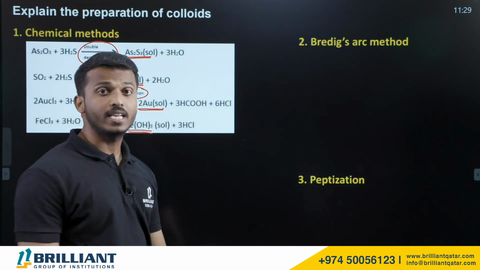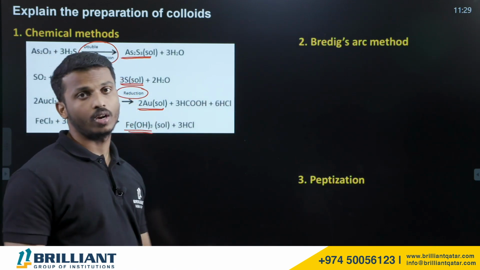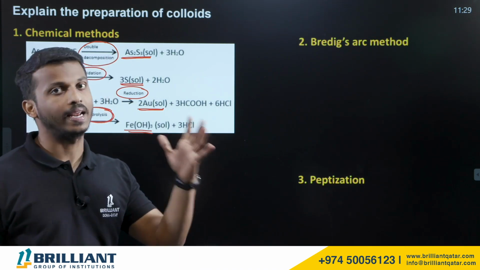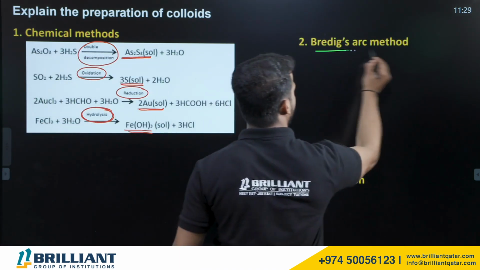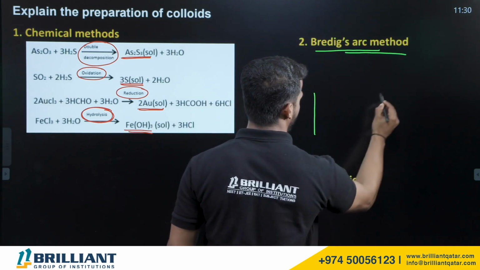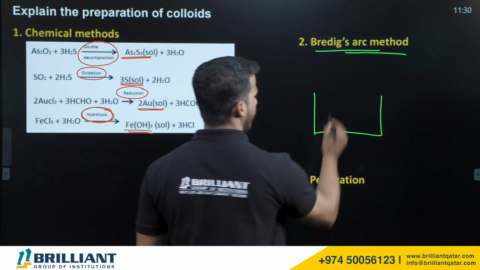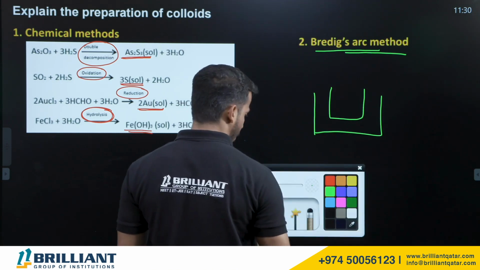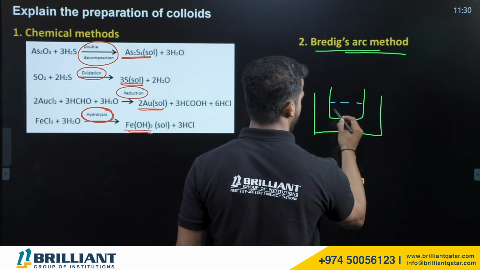Second one is called Bredig's arc method, also called the electrical disintegration method. Bredig's arc method is an easy method. We take a chamber, and inside it one more chamber, and in the chamber let me add our dispersion medium.